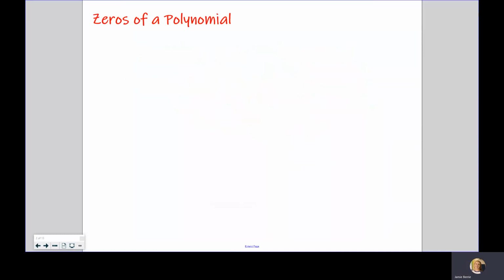All right, so first we're going to talk about the zeros of a polynomial. The zeros of a polynomial is just a fancy name for the x-intercepts of a polynomial.